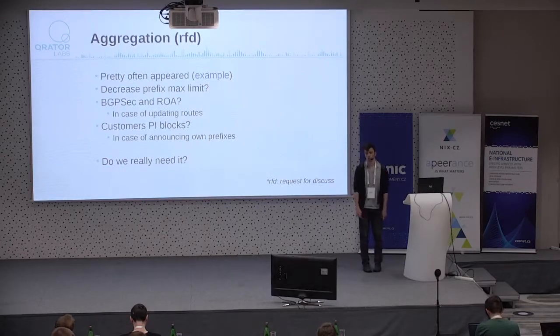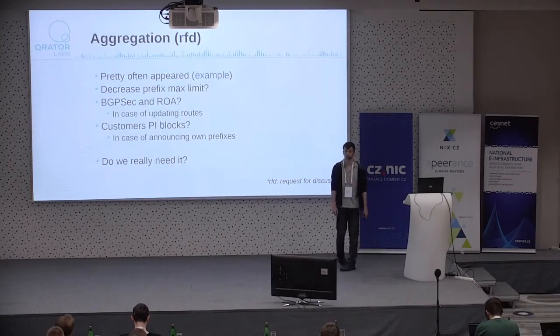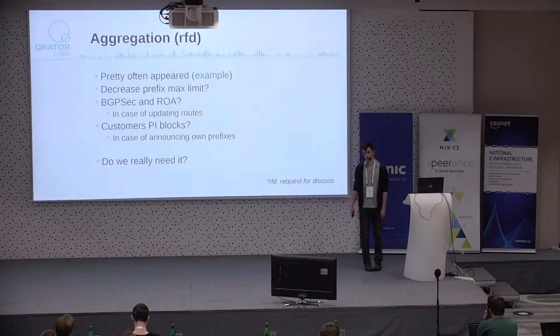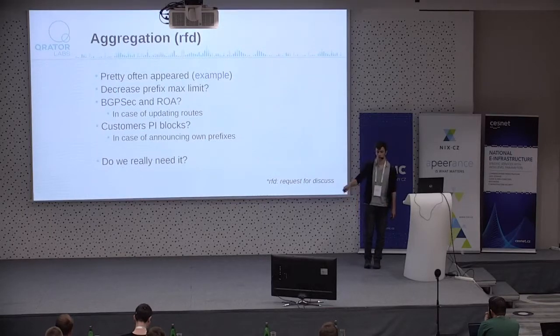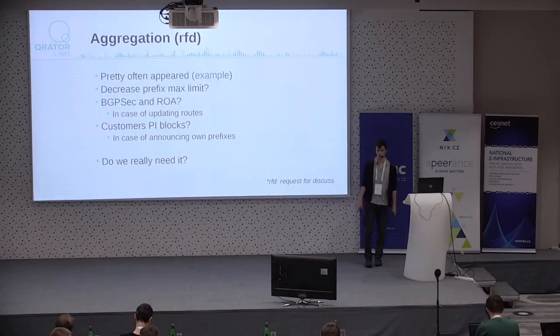And AS_SETs are bad, and I really hope that they will be deprecated in the nearest future, because they break any AS path checking and validation, and also they break ROA records. So there is another approach, and it results in blocking all of your customer routes and not announcing them any further, and just announcing your own address space.